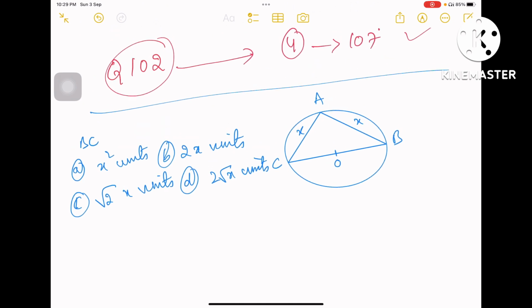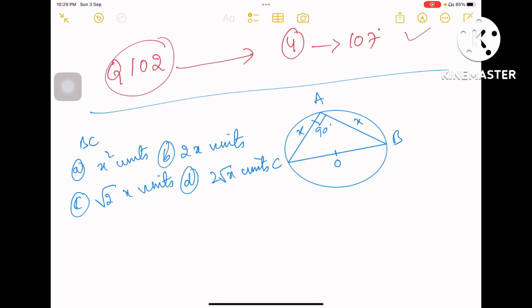Now, we need to understand that angle A will be 90 degrees. The reason is the angle opposite to the diameter at any point on the circle is 90 degrees. So, when this is 90 degrees and these two sides have the same length, that is AC is equal to AB, definitely it's an isosceles right angle triangle.